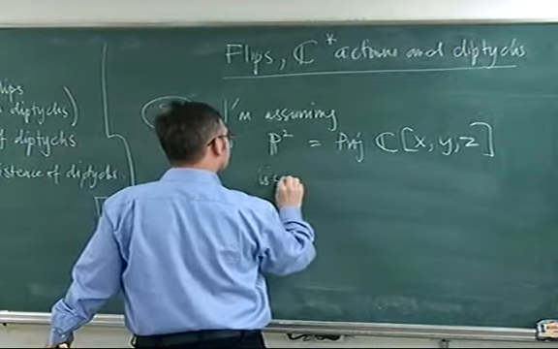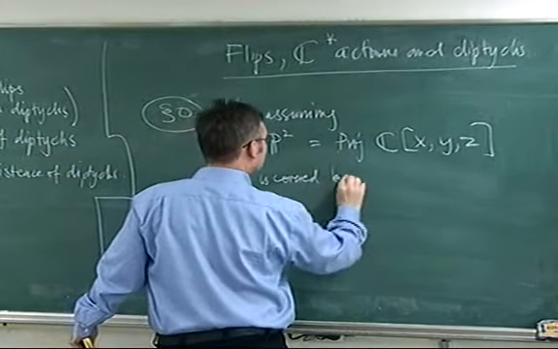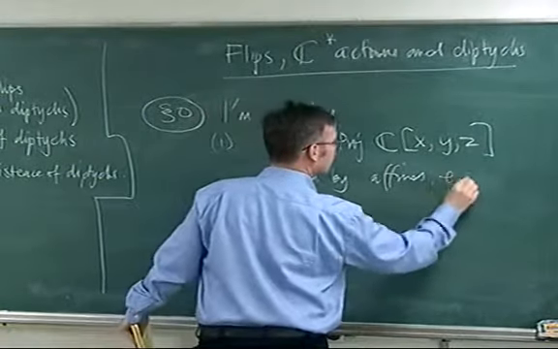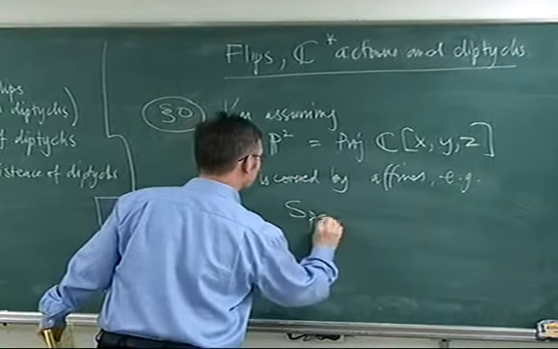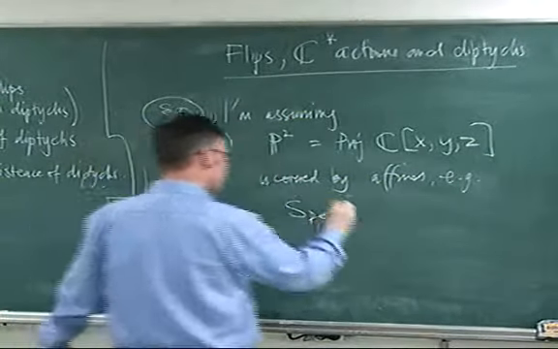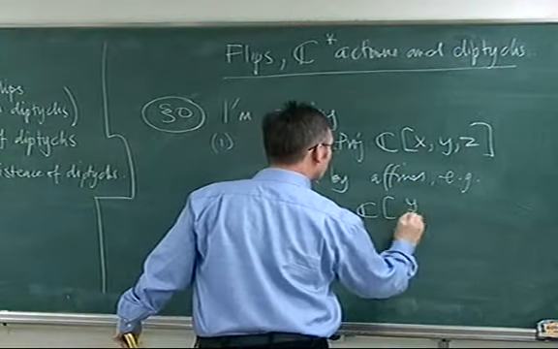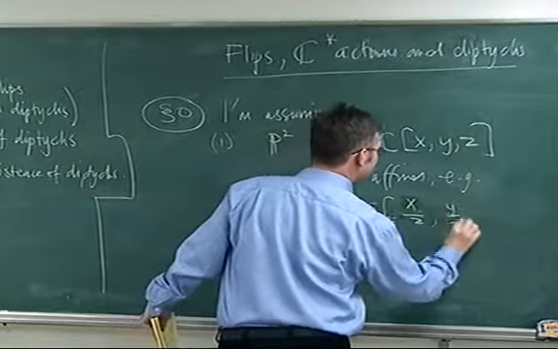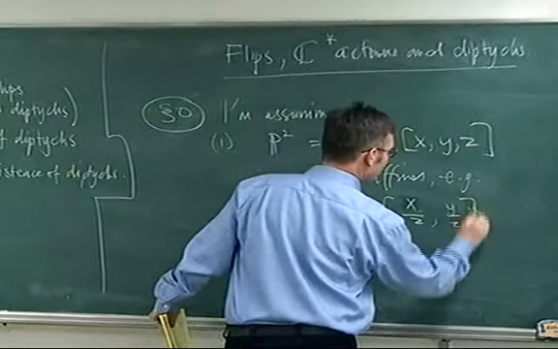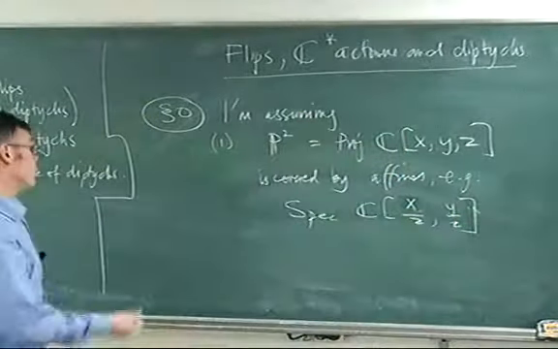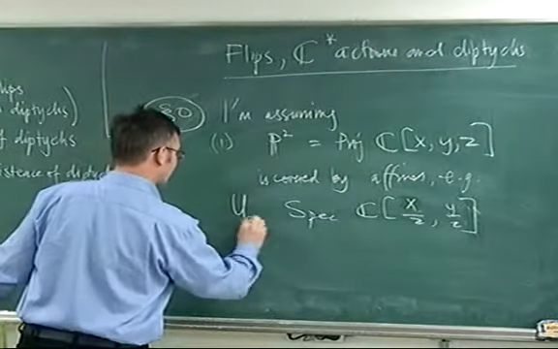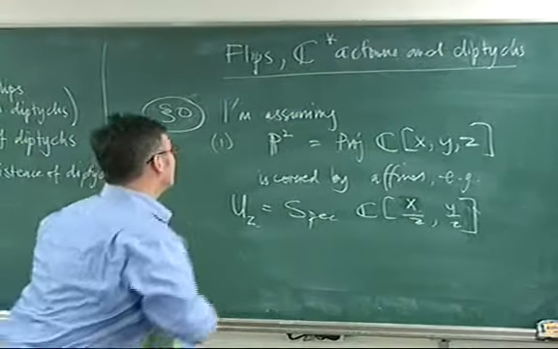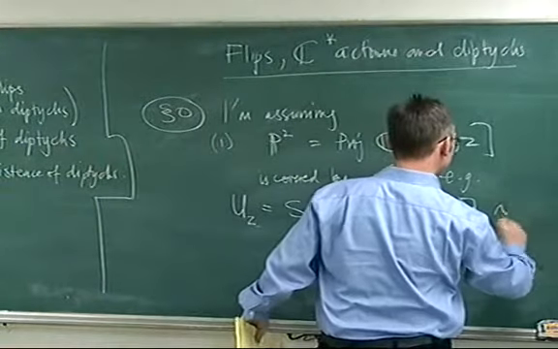This is covered by affine pieces, for instance, Spec of, and if you're trying to be careful about this, you write x over z and you write y over z. So this is sometimes called the open patch U_z, and of course this is isomorphic to C2.